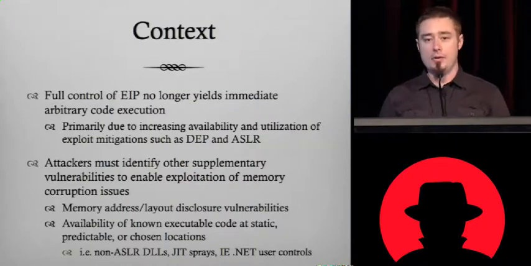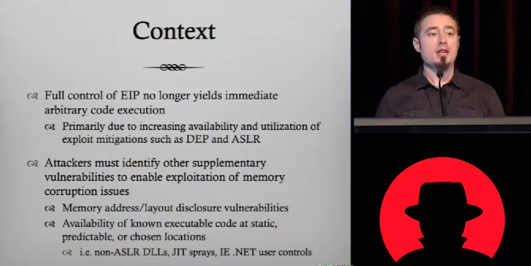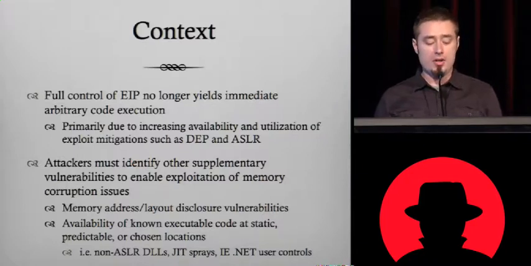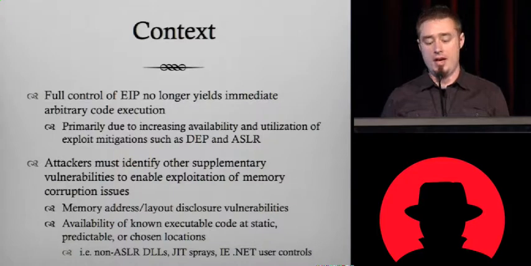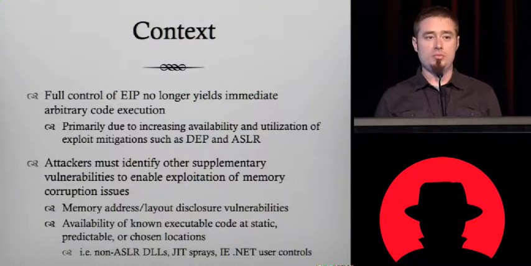So way back in the dark ages, also known as a few years ago, if you had full control of the EIP register, and I'm going to be talking about x86 the whole time, so we can just assume that, you were just really close to arbitrary code execution. However, now with exploit mitigation such as DEP, ASLR, non-executable memory, full control of EIP is sort of just one step in the stage to getting a payload running.